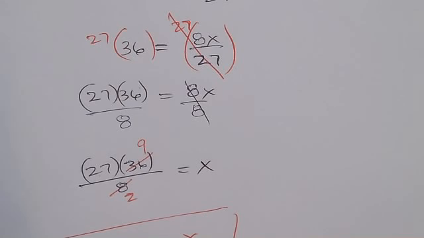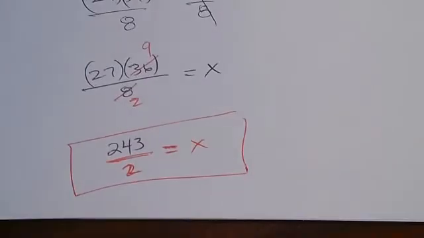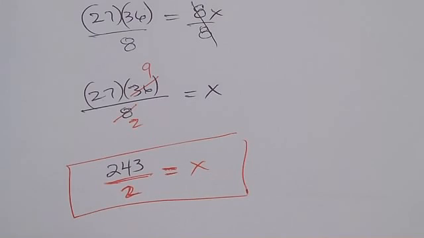Because if not, you'll get that other answer, and when you check it, it won't look like the same numbers, but it's just because it's not reduced. What's 27 times 9? It's got to be less than 300. 27 times 9, 243. Is that right? 27 times 9? Okay, there it is.